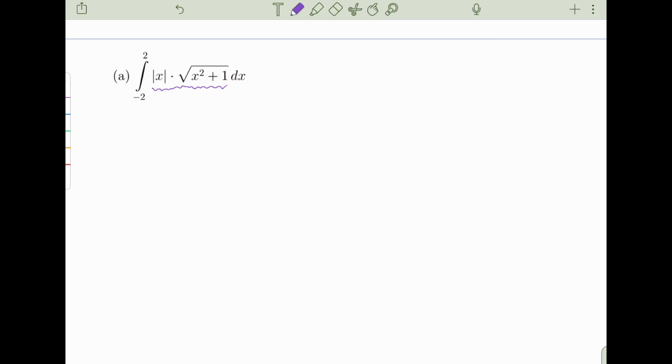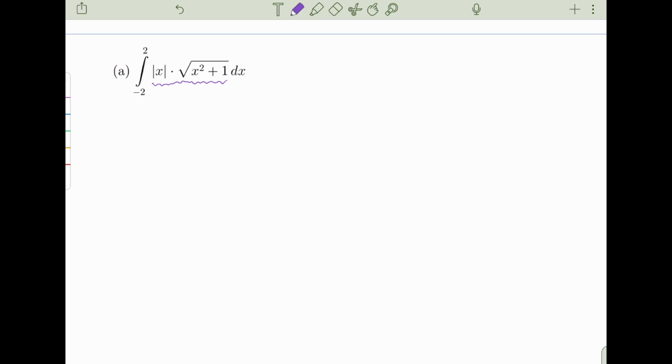So you can see that it's even, because when you input negative x, the output you get is the same as when you input x. Right.